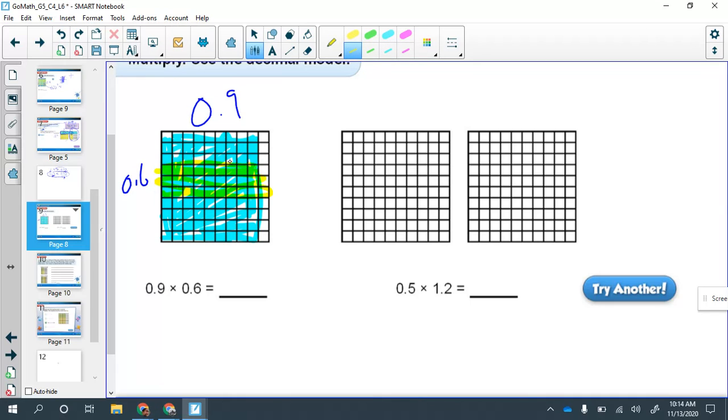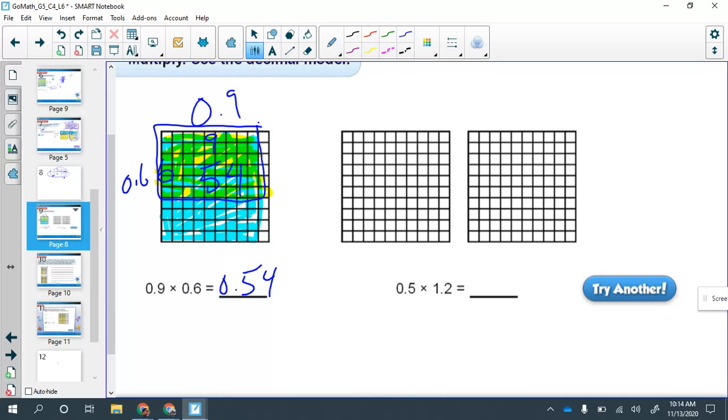Because that's where we would get 6/10. We're going to come back and identify where they overlap. And they overlap right here. And this gives me a 6 by 9 array. 6 times 9 is 54 units. I know that each of those units has a value of 100th. So the answer is 54 hundredths.